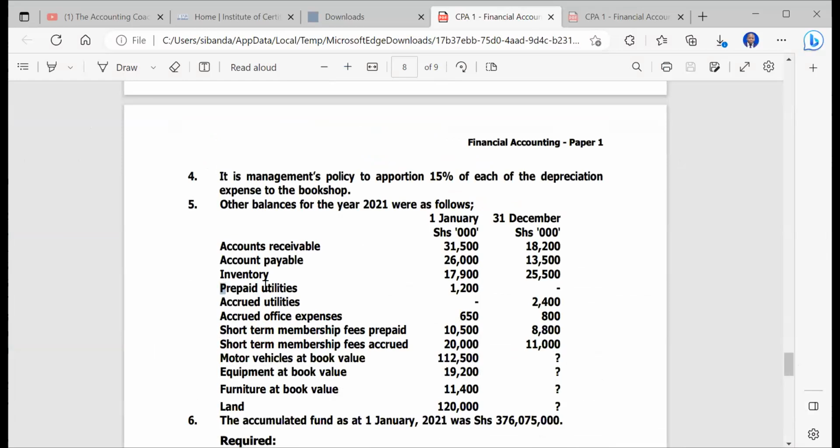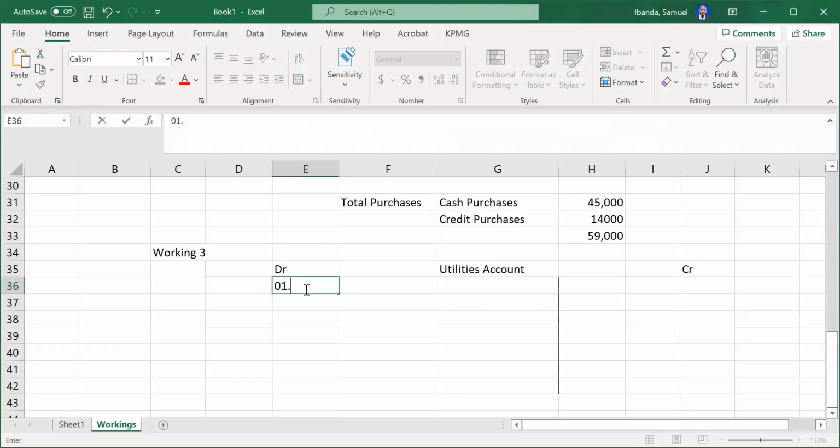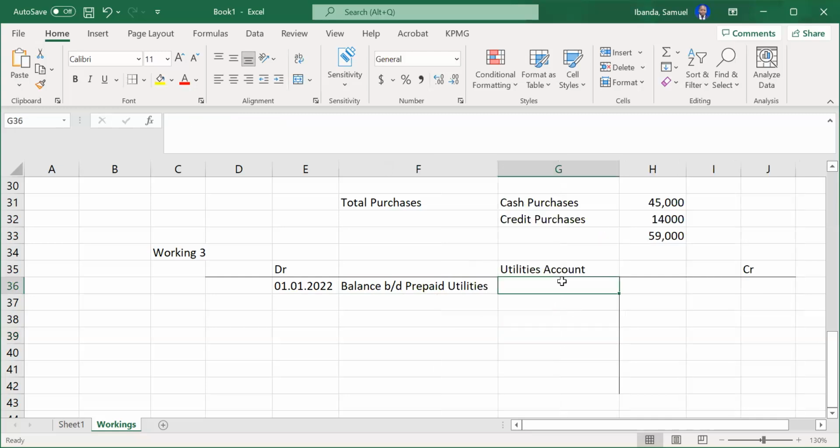Prepaid utilities are assets. The balance brought down for prepaid utilities will be on the debit side in that account. So I'll have 1st January 2022, balance brought down, prepaid utilities, I'll record my amount of 1,200.